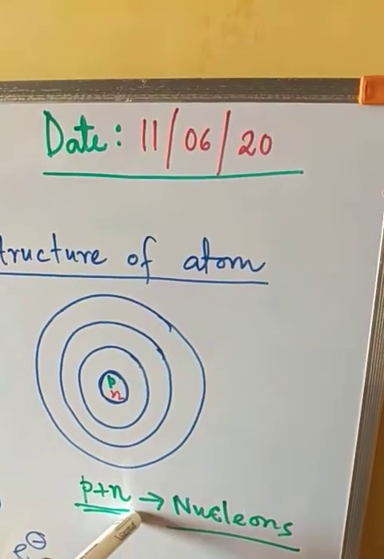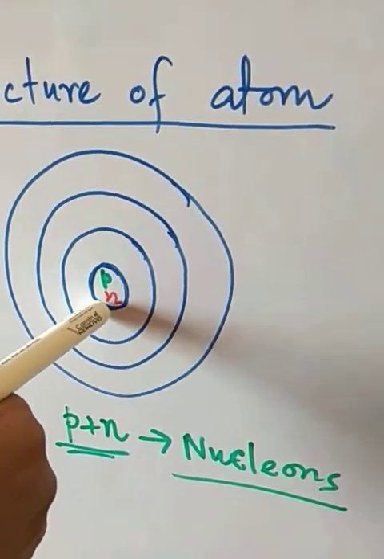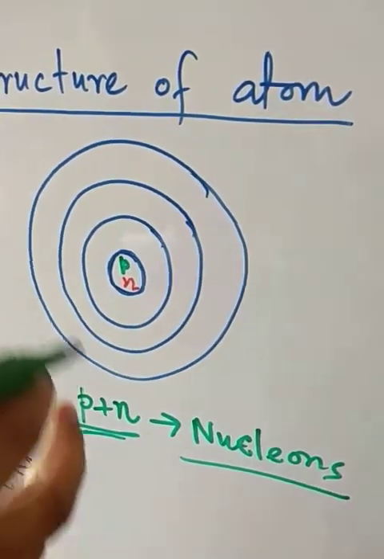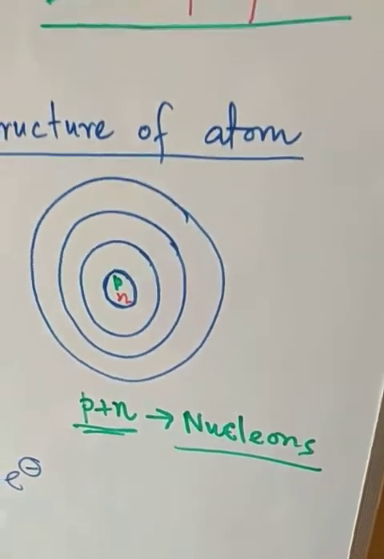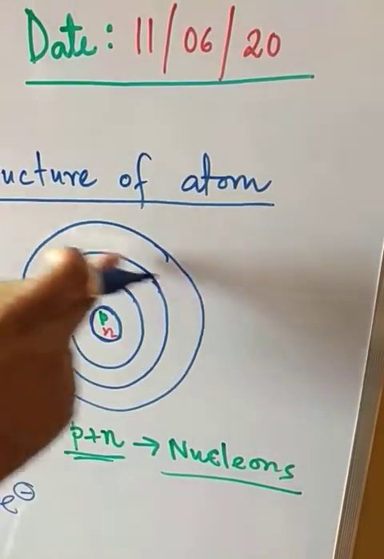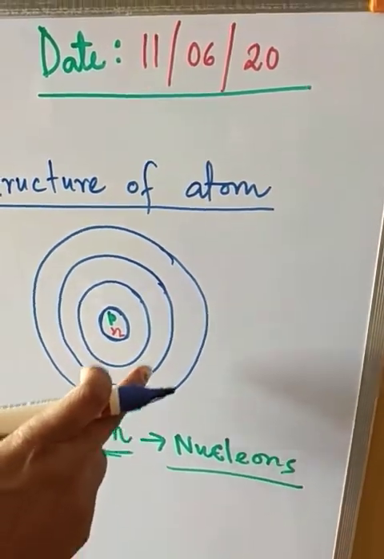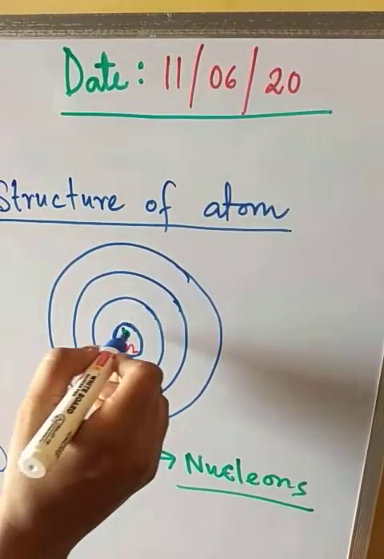So these 2 subatomic particles reside at the center. That's why this is the densest part of an atom. And the electrons revolve through circular paths around the nucleus.